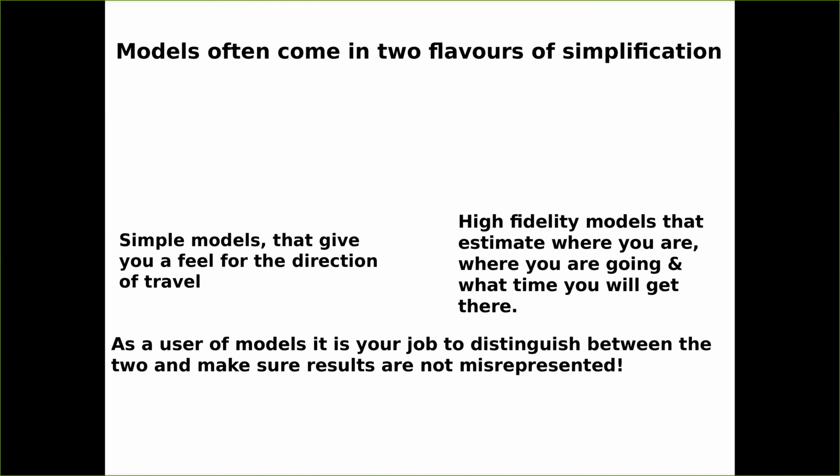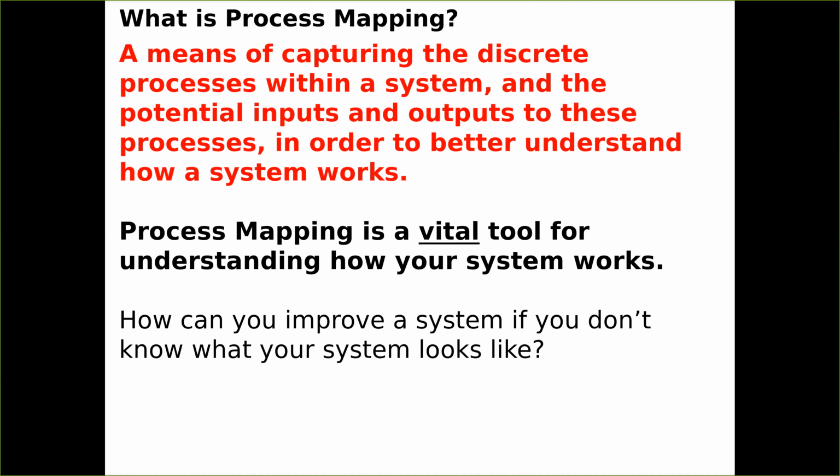So it's fine to have a simple model, and those are the kinds of models we normally build, as long as the people interpreting the results are aware that when your model says we're estimating a 2-hour wait for the ED, they don't think that's a crystal ball prediction, that they understand that it's indicating some direction of travel, not an exact predictor of how long it's going to take to queue for ED next Tuesday.